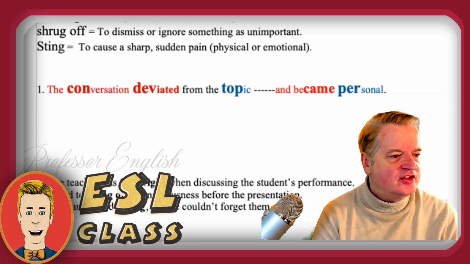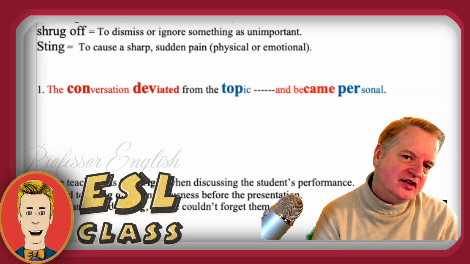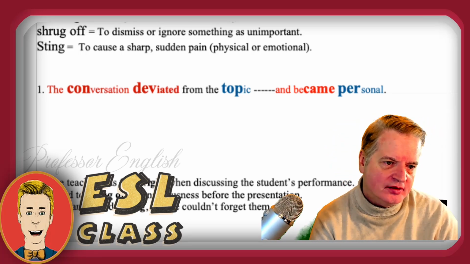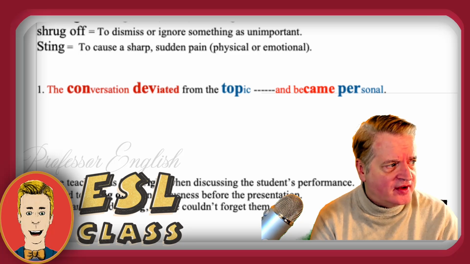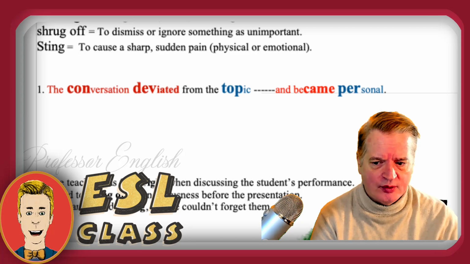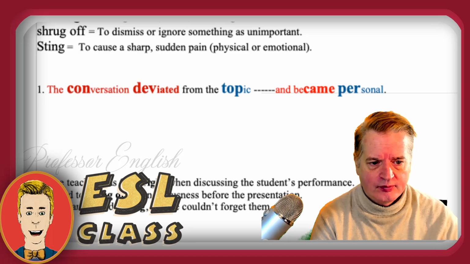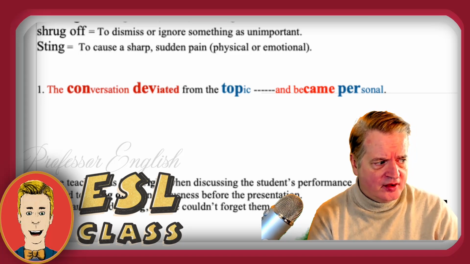Okay. Can you make a how question about the conversation deviating from the topic? How did the conversation deviate from the topic? What is your most important word in your question? How.